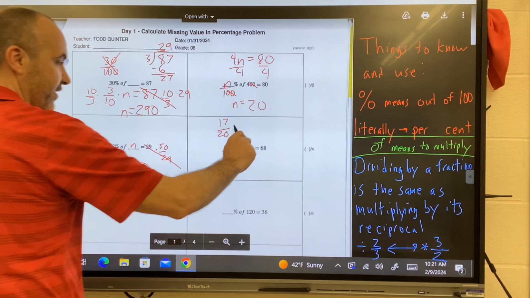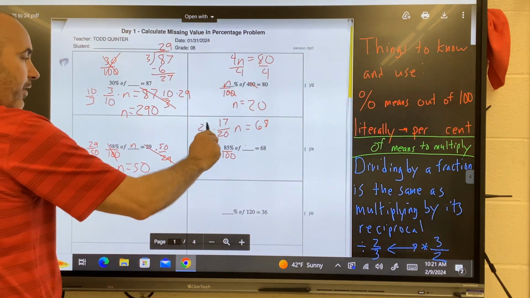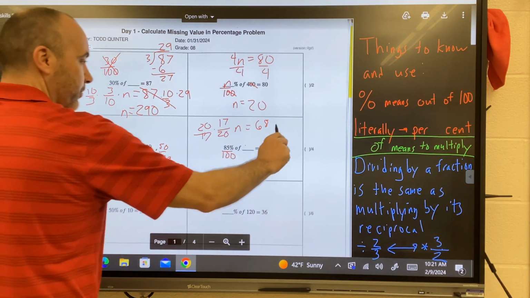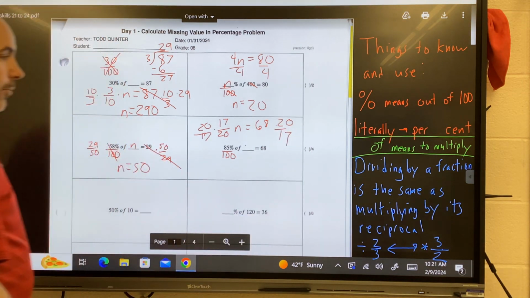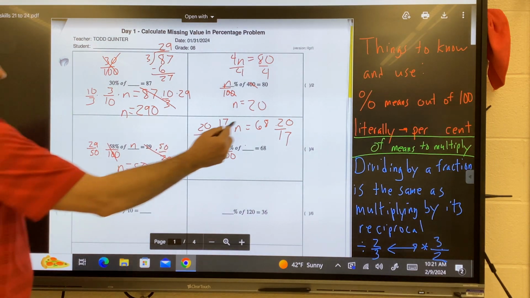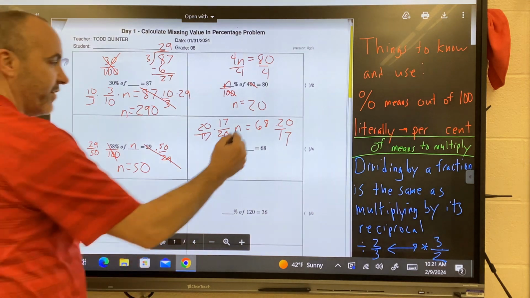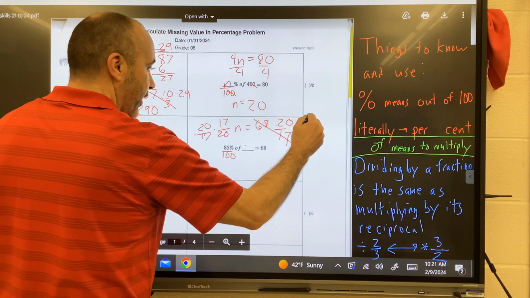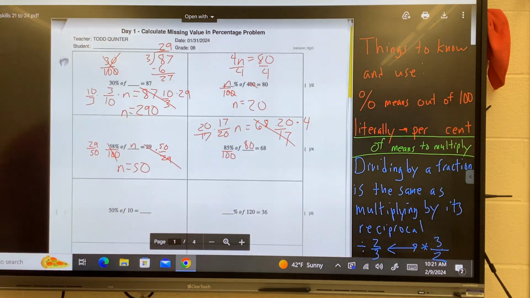So 17 times n equals 68. Another multiply by the reciprocal type of problem. Now I'm going to see if this simplifies. 17 actually goes into 68 4 times. So I'm going to multiply. That turns into 4. 20 times 4 is 80. So 85% of 80 is 68.